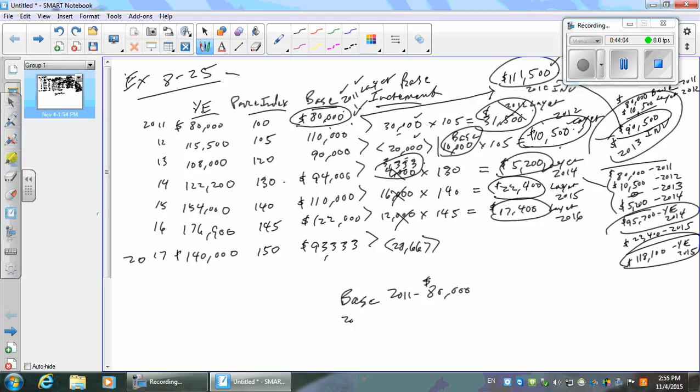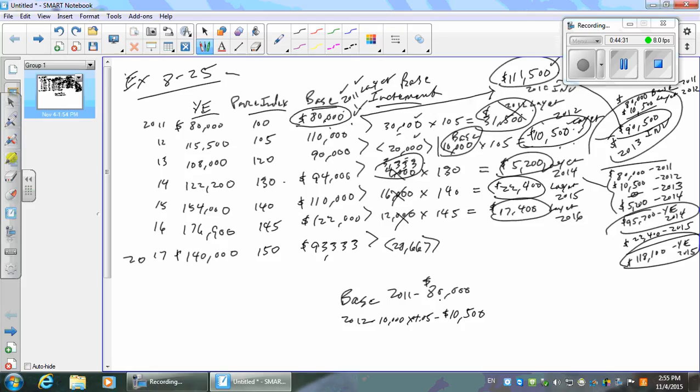From 2012, I have how much? 2012 is 10,000 times 1.05, right, or 105 is how much? 10.5. That's the one I have left. Okay, that's got me up, 80 plus 10 is 90, right?